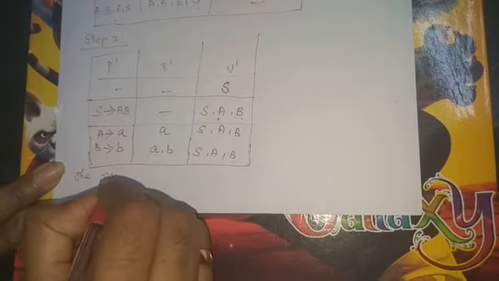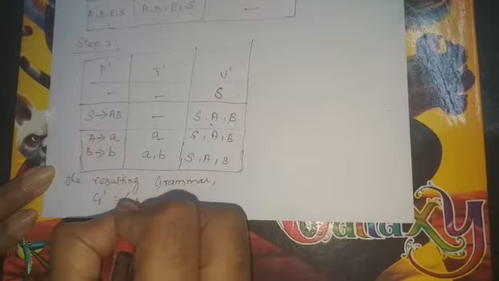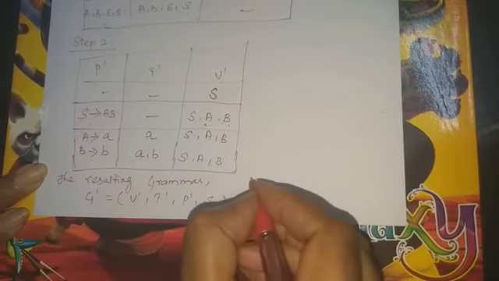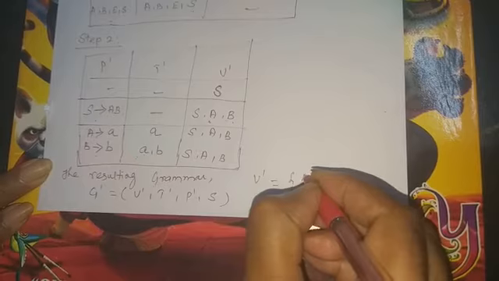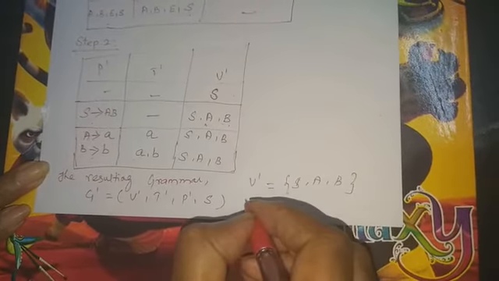So the resulting grammar, you have to write the resulting grammar. What is the resulting grammar? You have to write G dash. So G dash is V dash, T dash, P dash, S. Okay, and then what is V dash? V dash is what you got, S, A, B. And what is P dash?